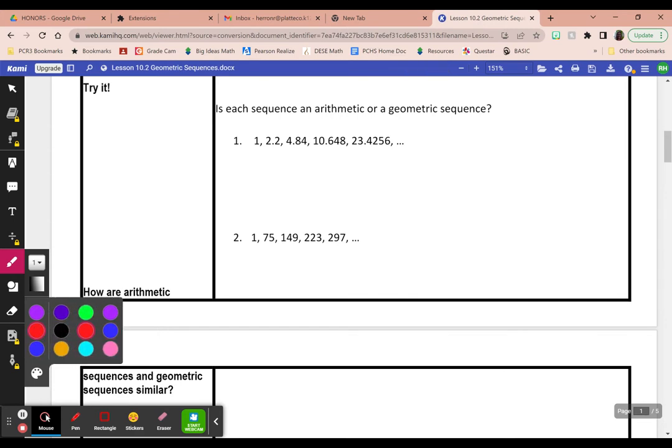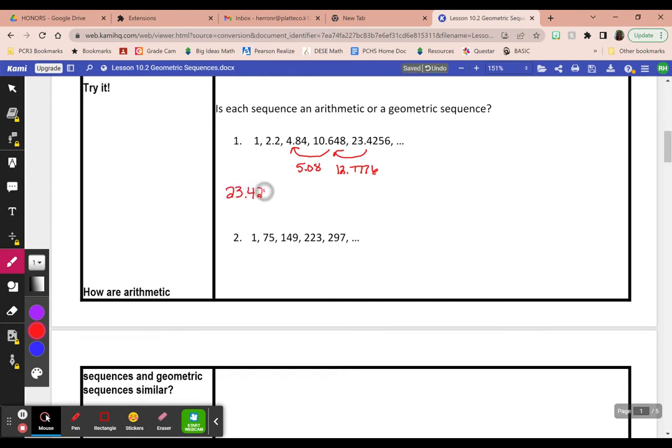So answer here, same thing. If you subtract, first time you get like 12.7776. And if you subtract here, you get 5.08. So it can't be arithmetic. If we divide 23.4256 divided by 10.648, we get 2.2.